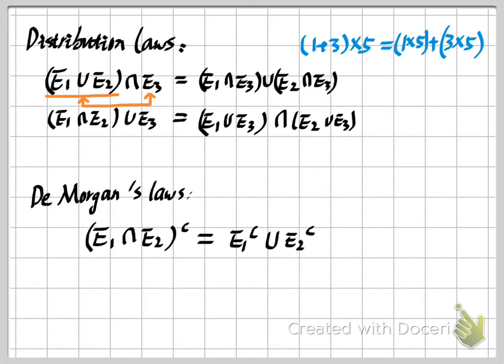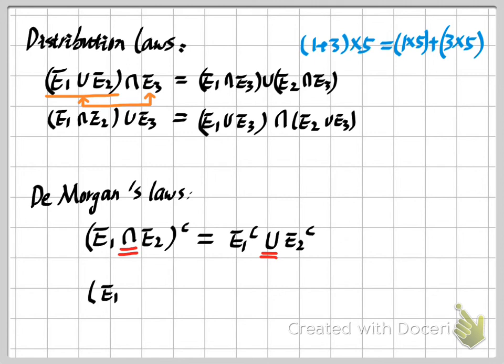The very important part is that previously inside the parentheses this was an intersection, and after De Morgan's law it changed to union. This is very, very important because from my experience, students always make mistakes when they answer questions using this rule. So please be careful about this De Morgan rule.